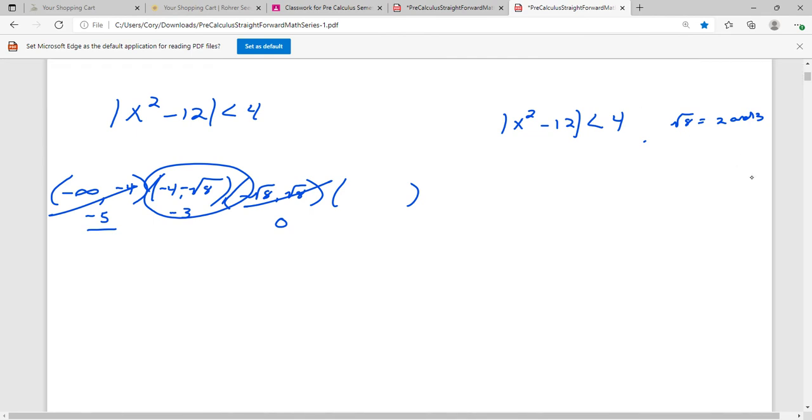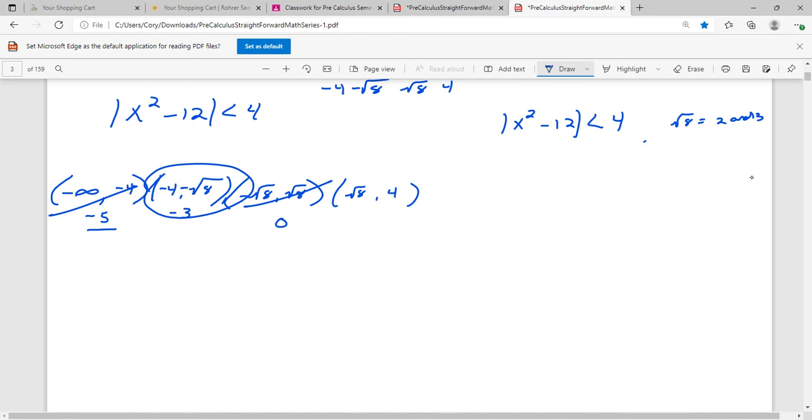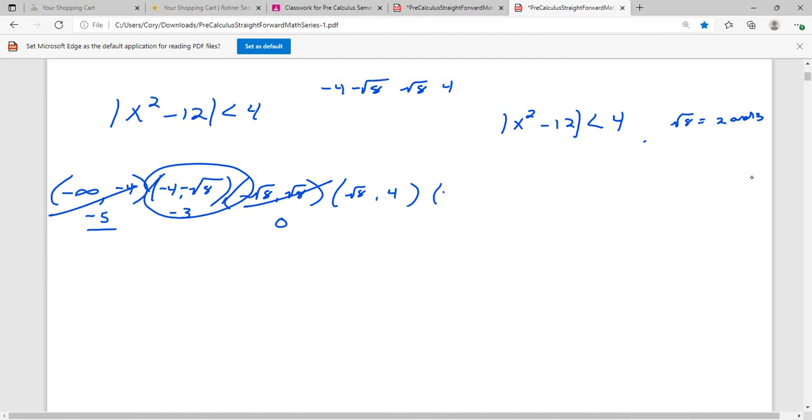Because I've got -4, negative square root of 8, positive square root of 8, and then I have positive 4. So I need the positive square root of 8 to positive 4. Then I would need 4 to infinity. Okay, so for this one, I'm going to use 3. I can't use 4 because 4's there. That's why it was coming out wonky. And then for this one, anything above 4, so I'll go with 5.